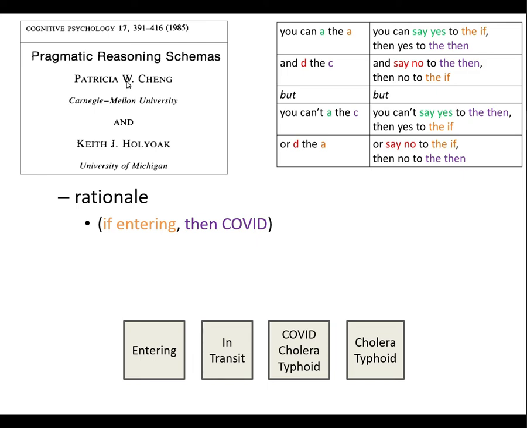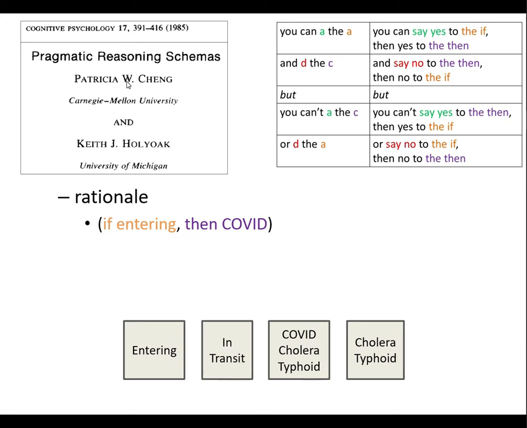The correct cards being the ones on the far left, A, and the far right, D. To dramatically improve performance on the same task, we only need to add a reason or rationale for checking Form H. For that rationale condition, you only need to add a single sentence. That sentence is, this is to ensure that entering passengers are protected against the disease. Adding this sentence brought correct performance up from 60% to 90%.